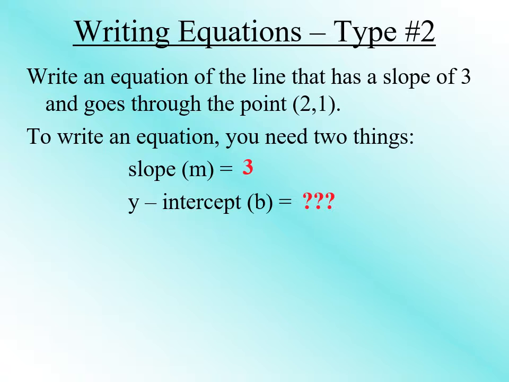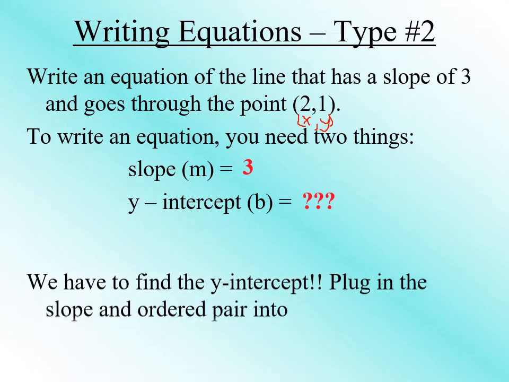We can use this point to plug in for our values of x and y. Remember that an ordered pair is always written in the format (x, y). So we can then plug these into our equation and solve for the unknown of b.